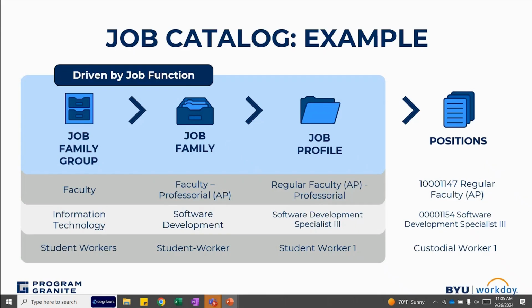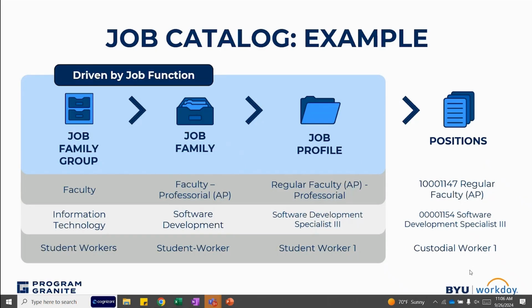So a development specialist 1 is a little bit different than a development specialist 3. But again, it's still just the profile that has specific attributes about that job. Then on the position, I could say this is software development specialist 3. I don't know, maybe I would call it software development specialist 3 - web developer or something like that.